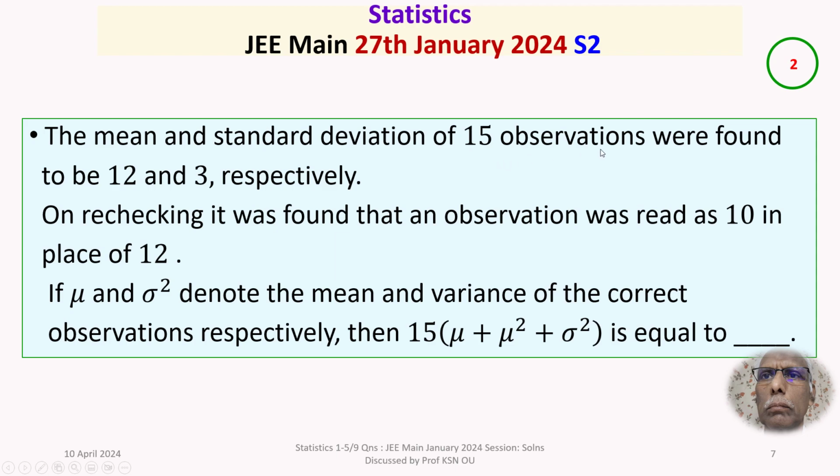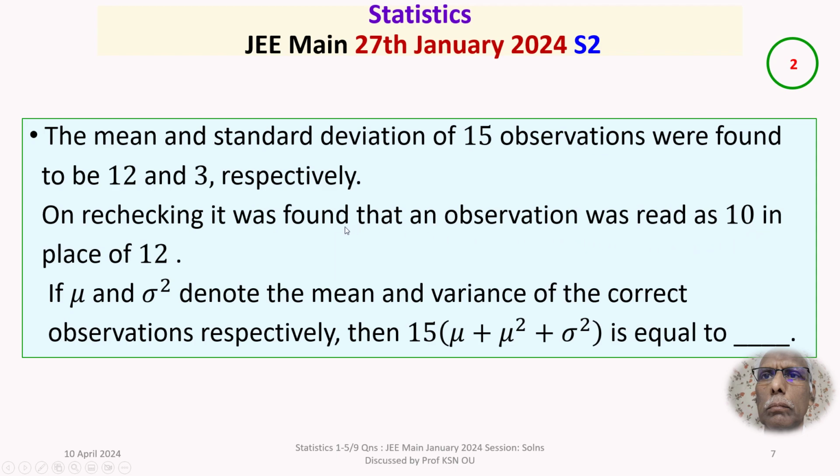So we have 15 observations, and it is given the mean and standard deviation of these 15 observations as 12 and 3 respectively. And on rechecking, it was found that the actual observation was 12, but it is read as 10.